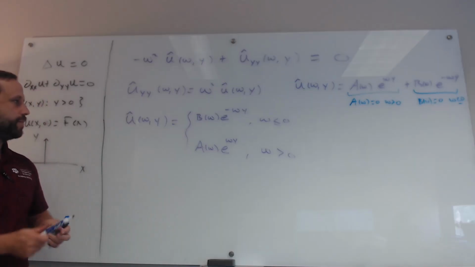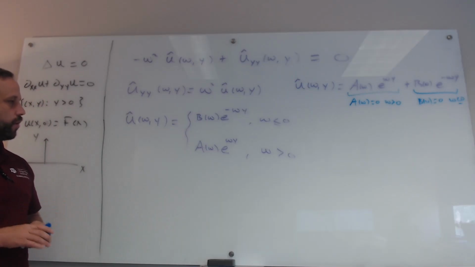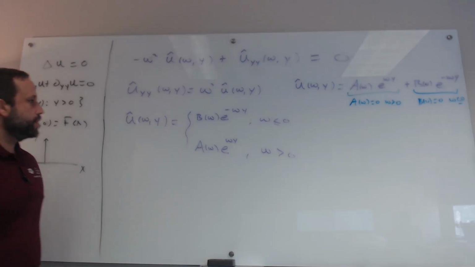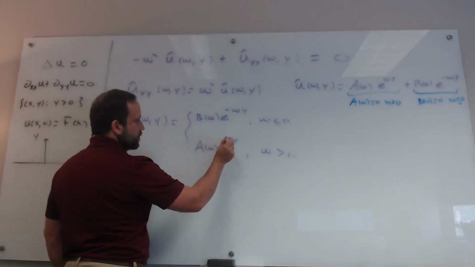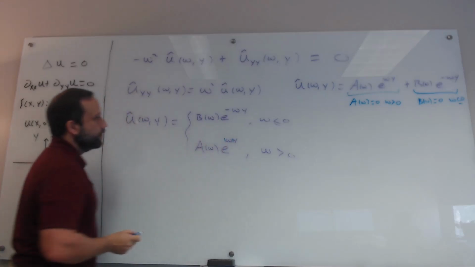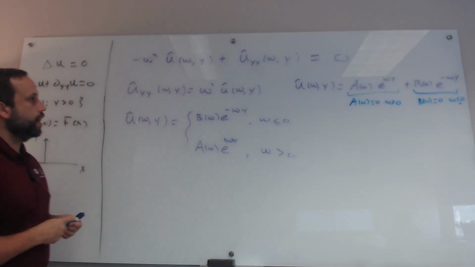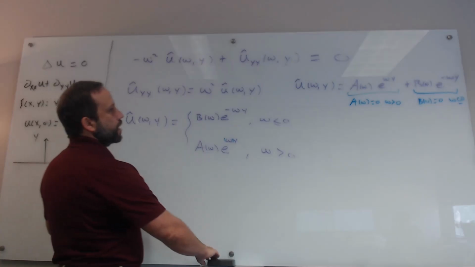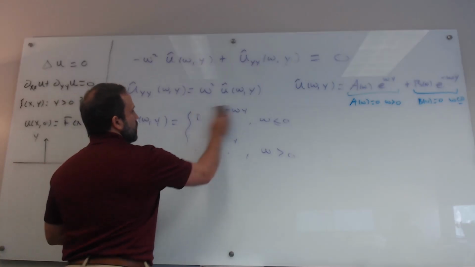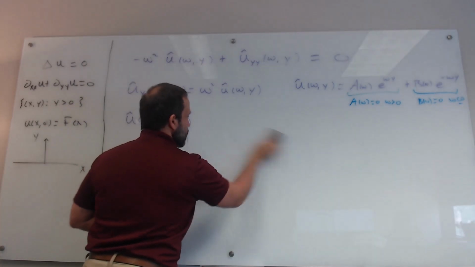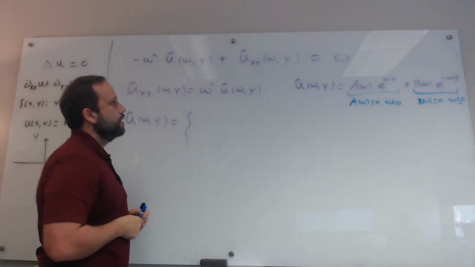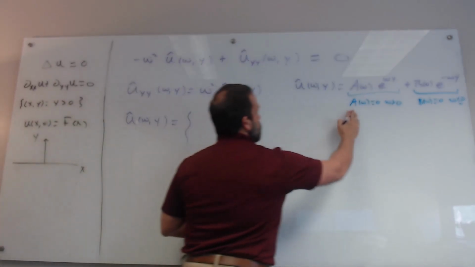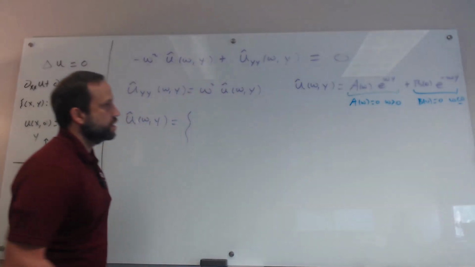Okay, so I'm about to make some changes here because I don't want to keep rewriting everything. But I got this backwards, sorry. a of omega is equal to 0 when omega is greater than 0.